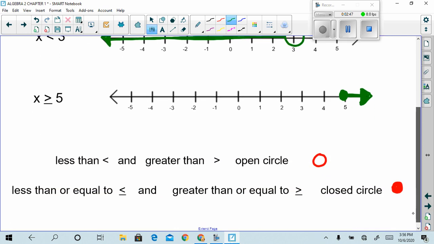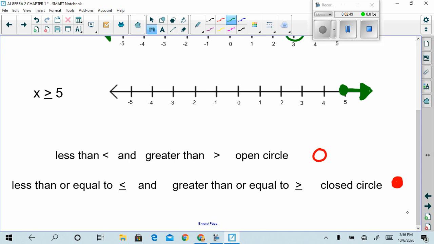So here is what I was referring to. If we're using the less than or greater than symbol, we'll use the open circle, which means that value is not included in the solutions. If we have a less than or equal to or greater than or equal to, we're going to then have that closed circle. That means that the number at that particular point is also part of the solution.